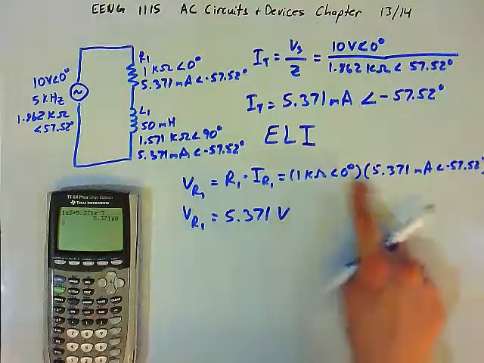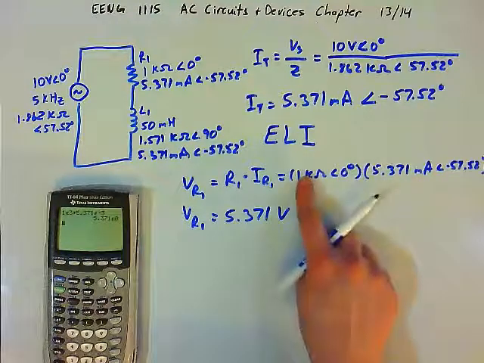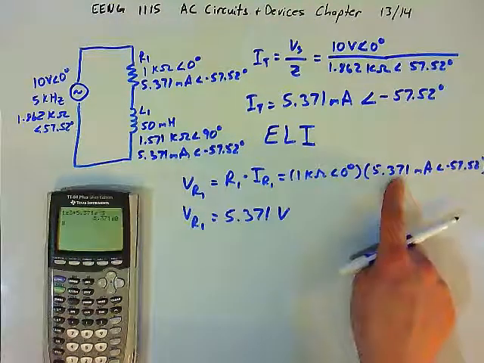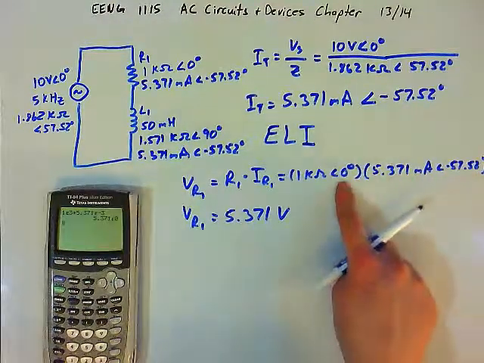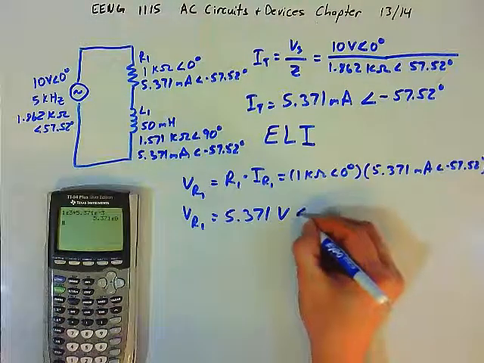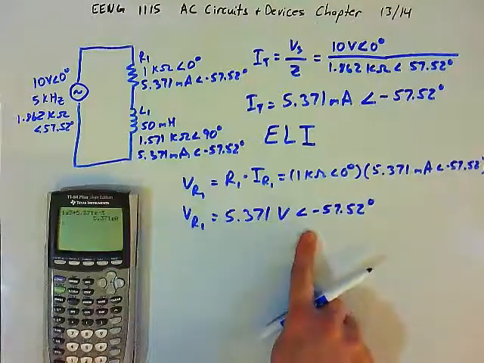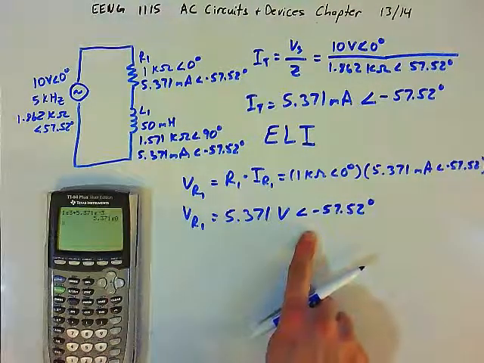And so remember, when we multiply vectors, it's okay that they're in polar form. That's actually what we prefer. We multiply the magnitudes together and then we add the angles. And so 0 plus a negative 57.52 is going to be negative 57.52 degrees. This is the voltage drop on resistor 1.